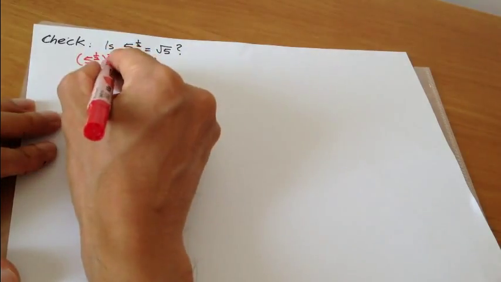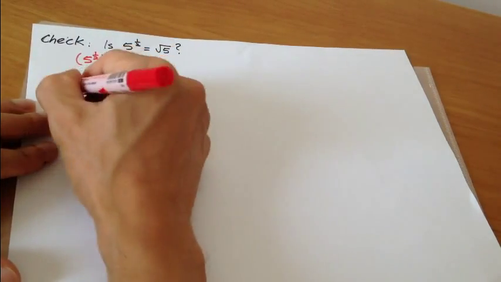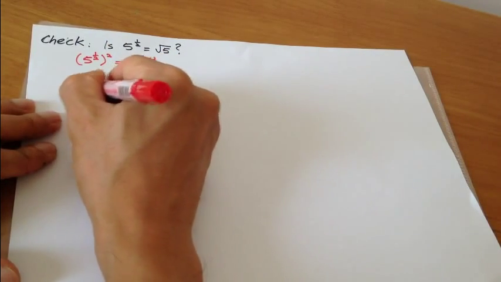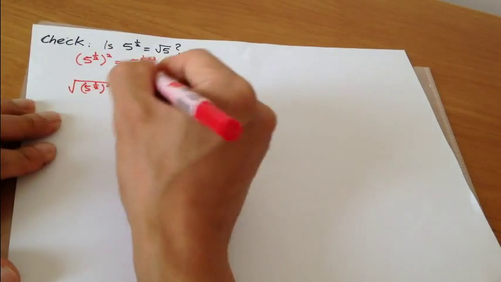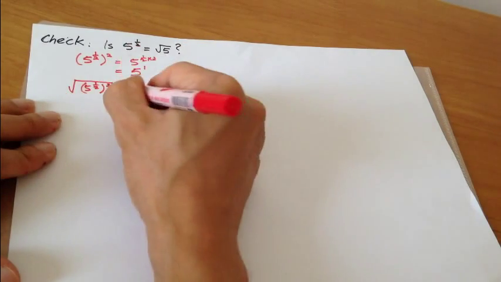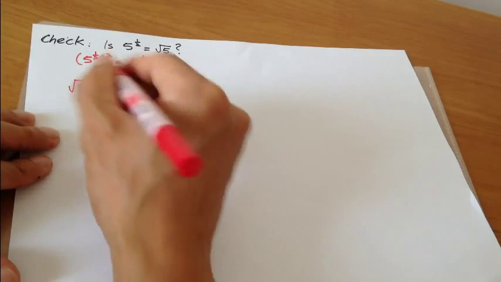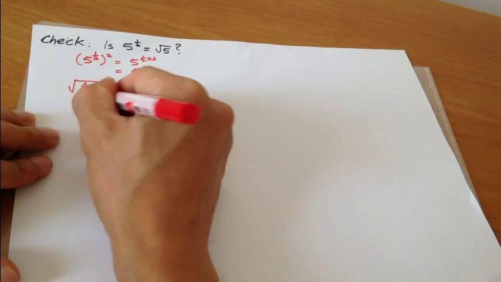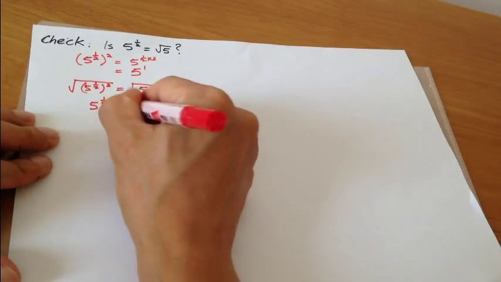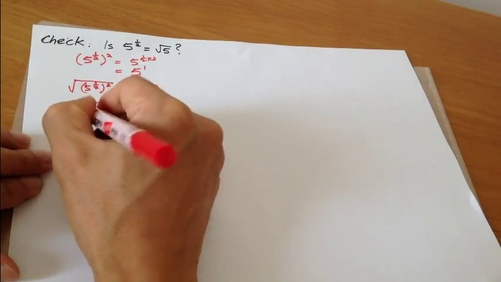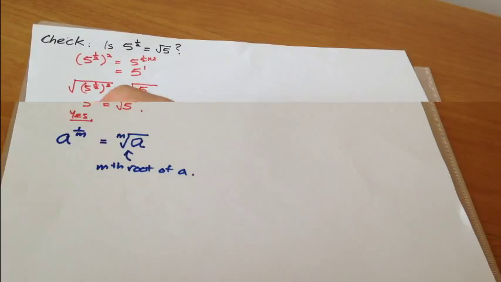Because this is a square, I can now take the square root of the left-hand side. If I take the square root of the left-hand side, I must take the square root of the right-hand side as well. So then I'm left with 5 to the power of half is exactly equal to square root of 5. So the answer is yes.